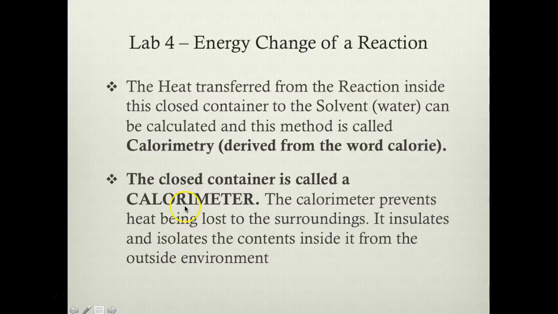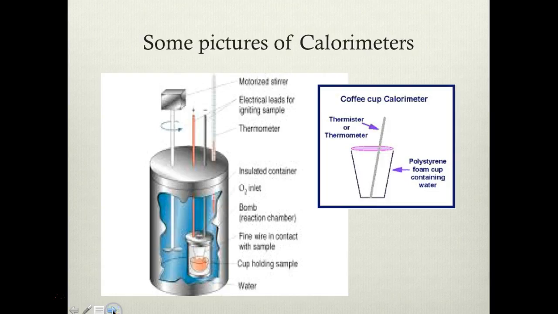So this closed container, as I explained before, is the calorimeter. And the calorimeter is like an insulator. It prevents that heat being lost to the surrounding, like to the surrounding air. So it keeps all of that heat generated from the reaction within itself, all right? So it basically is isolating the contents inside from the outside air and the outside environment.